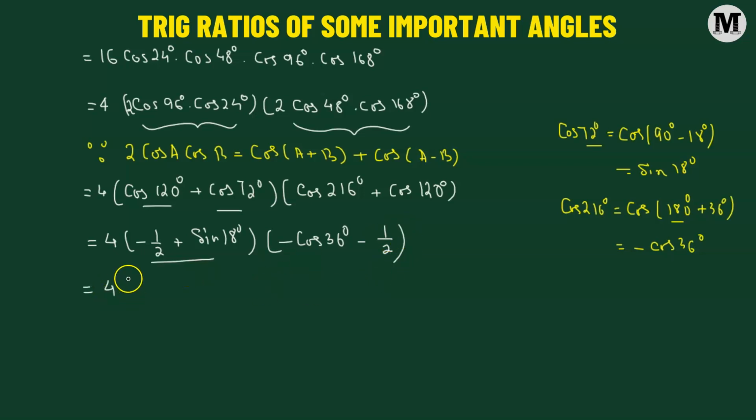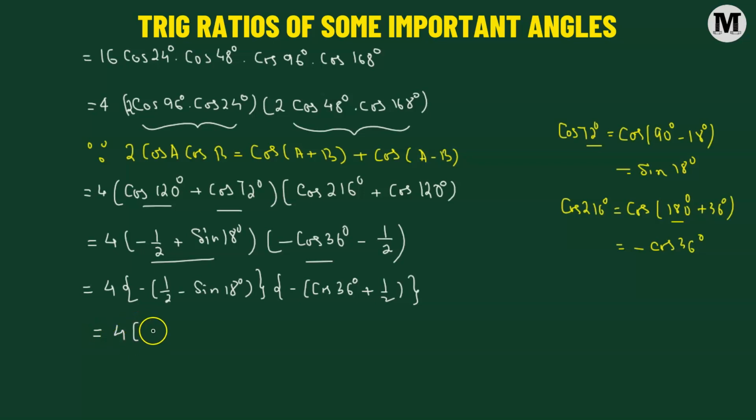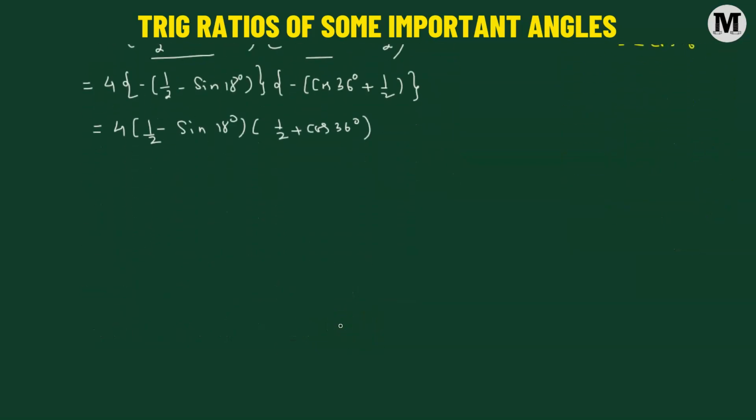So this becomes 4 times negative half plus sine 18 degrees, multiplied by negative cosine 36 degrees plus negative half, that is 4 multiplied by half minus sine 18 degrees, multiplied by half plus cosine 36 degrees. Now we have a standard value for each of sine 18 degrees as well as cosine 36 degrees.